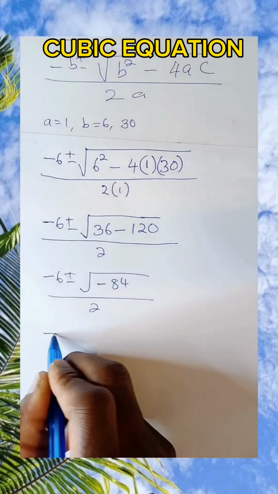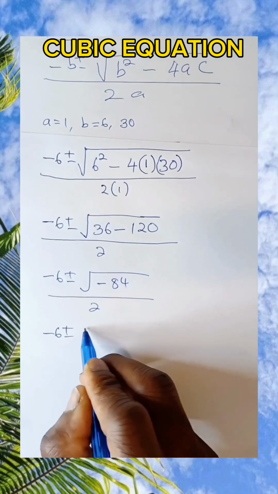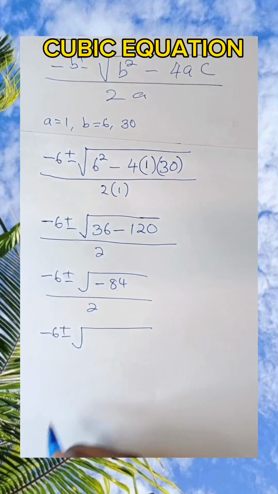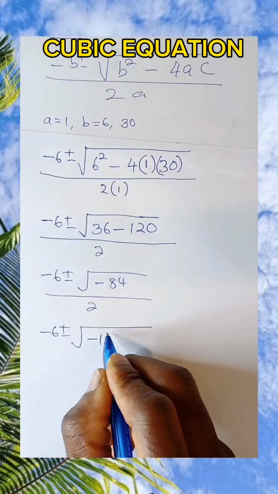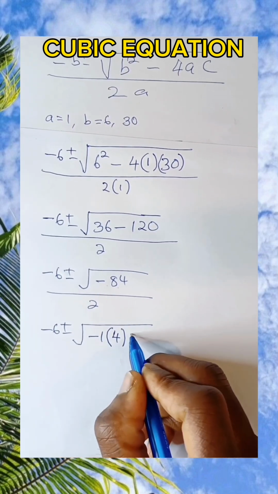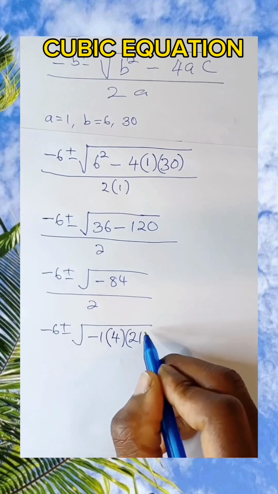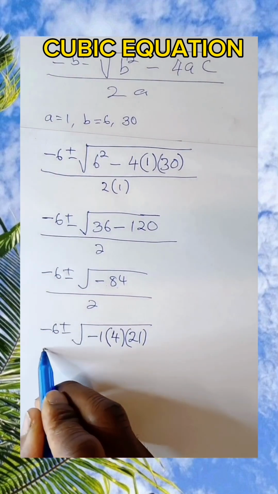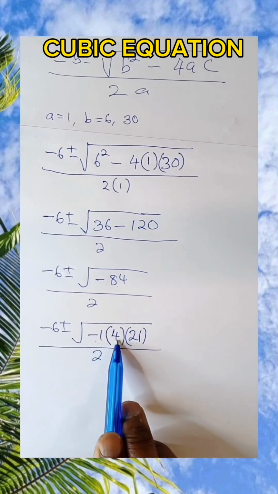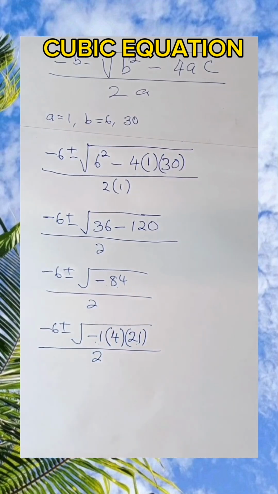We will have minus 6 plus minus. We can write this minus 84 as minus 1 times 4 times 21, divided by 2. Minus 1 times 4 times 21 will give us minus 84.